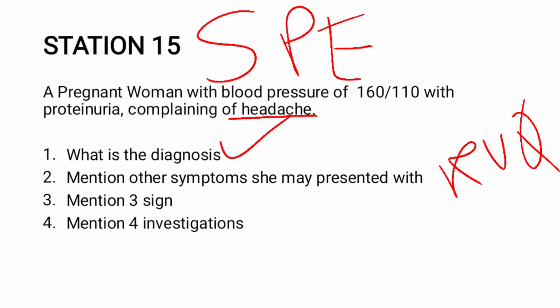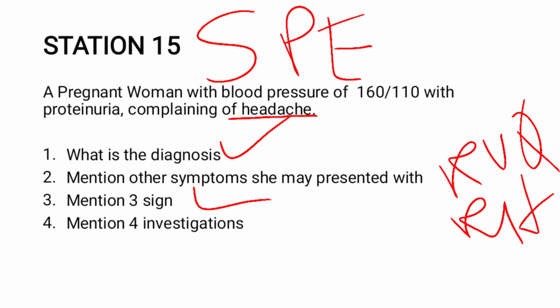Then the other sign you can do is after you do a fundal examination, there can be retinal hemorrhage. Those are some of the signs we have discussed.